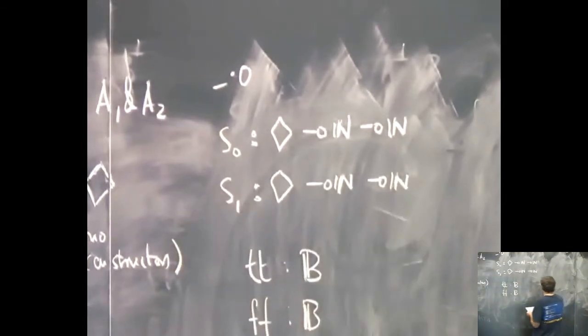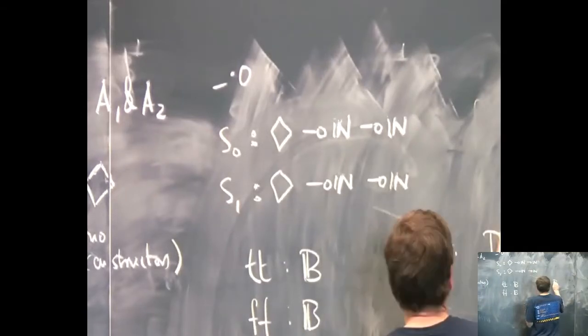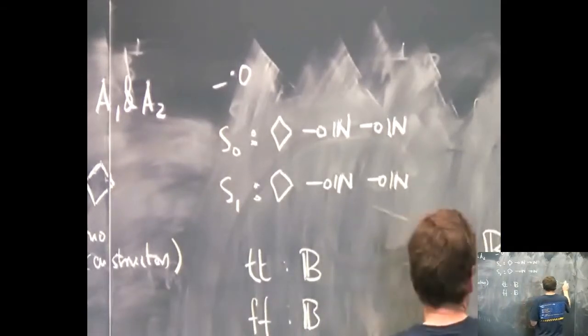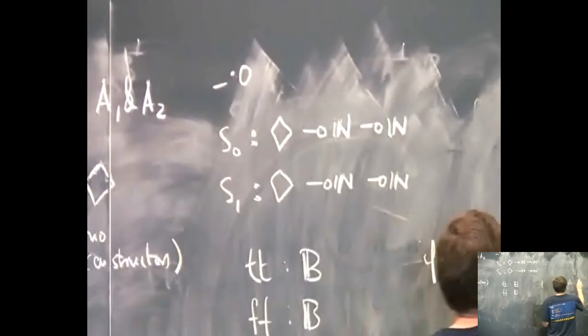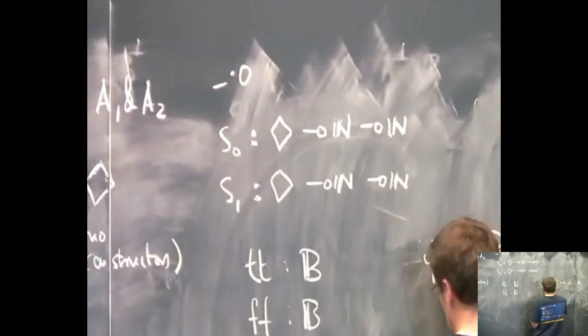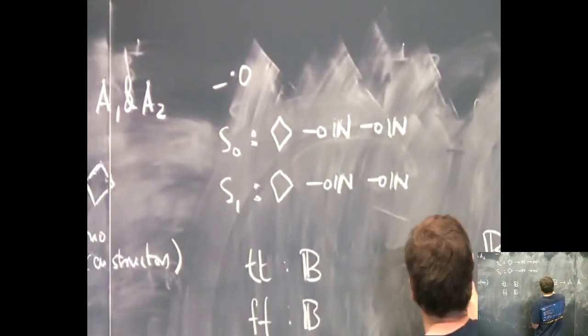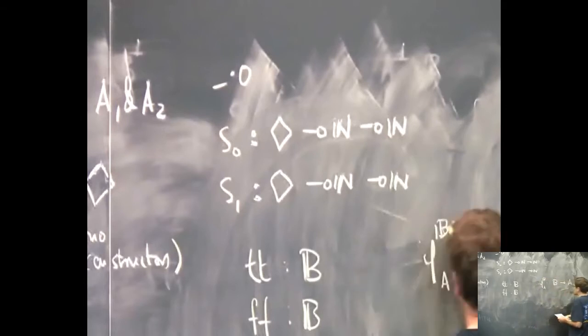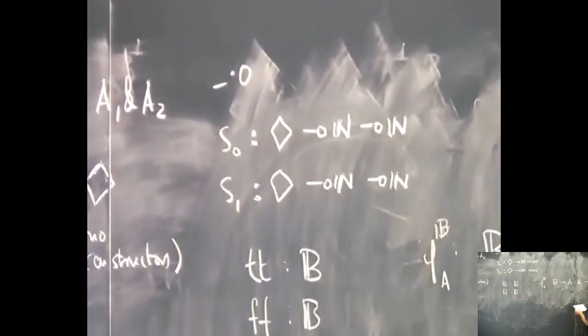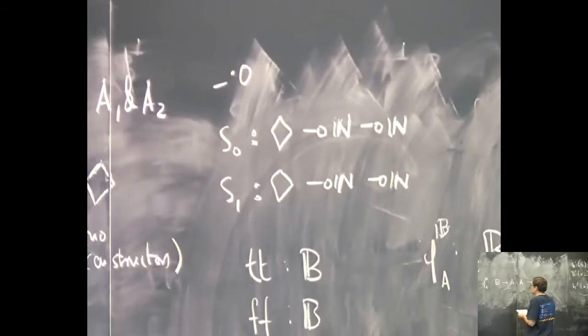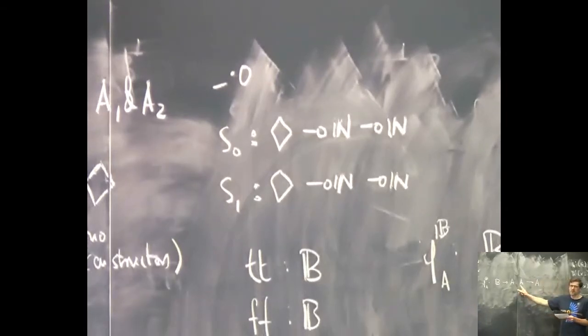And then the if looks like this. It takes a Boolean, which is your condition, and then it takes two branches. So this is if with a result of type A. So this is sort of like iteration over Booleans, and then it gives you an A as a result. Okay. So now, the way you have to combine these two here, you can probably figure this out.